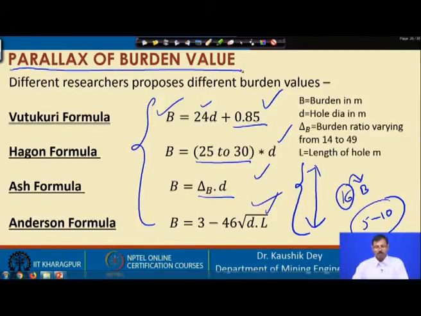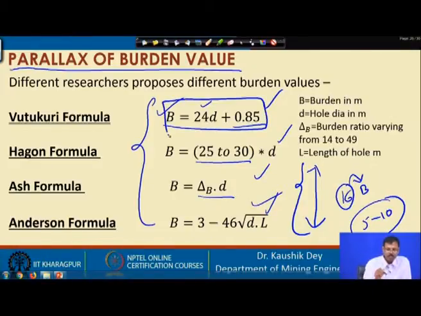and that creates a problem for the user. So it is always suggested that one must go through the original literature where these values are given, as these are mostly empirical relationships, empirical formulas established based on some case studies. So their applicability range lies within the limits of those case studies.